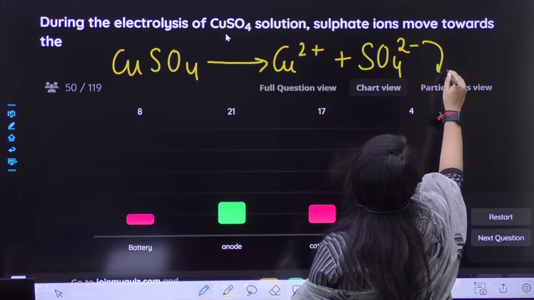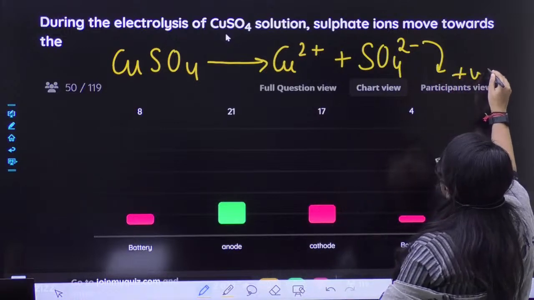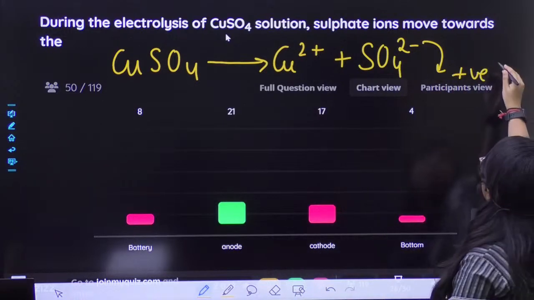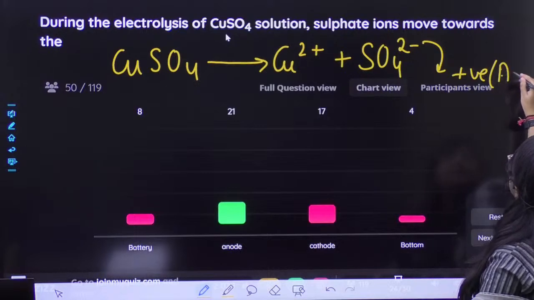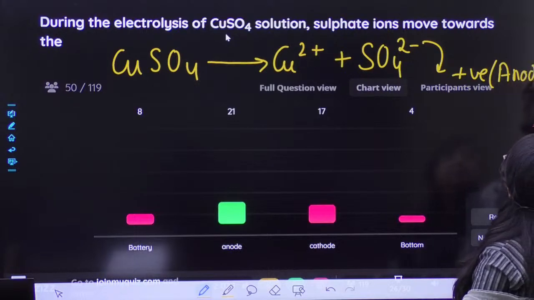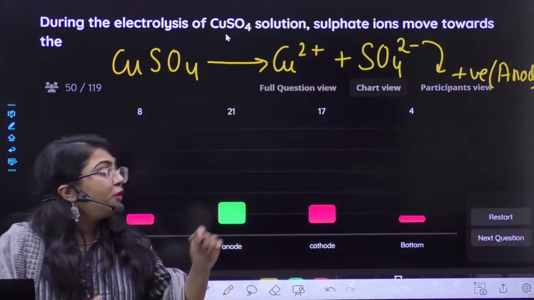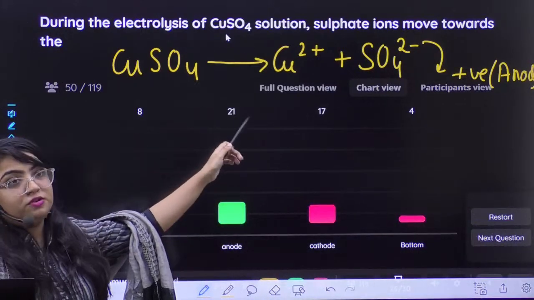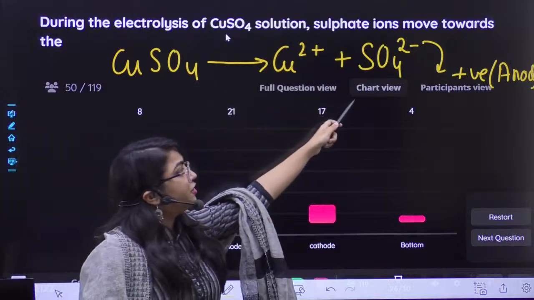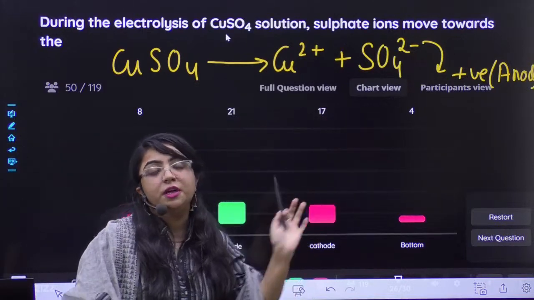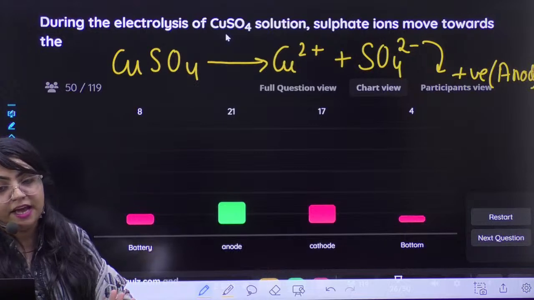These negatively charged ions will move towards positive terminal, and the positive electrode, as we know, is anode. So sulfate ions will move towards anode because opposite charges attract. So sulfate ions carries the negative charge and they will move toward the positive electrode, that is anode.